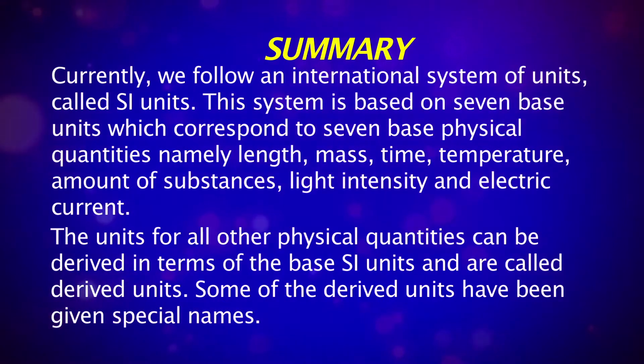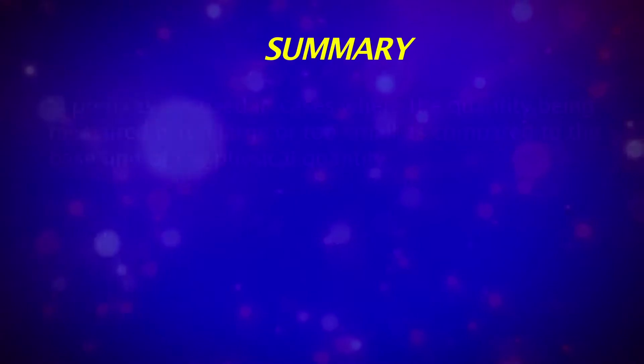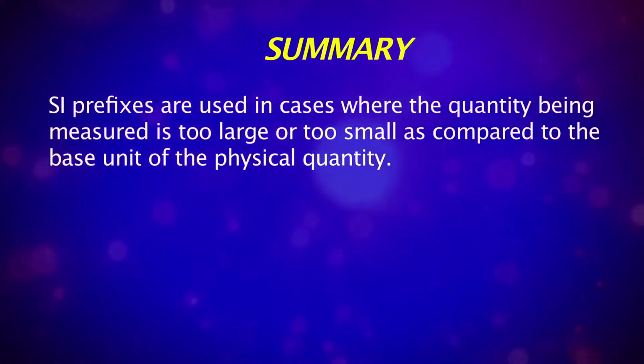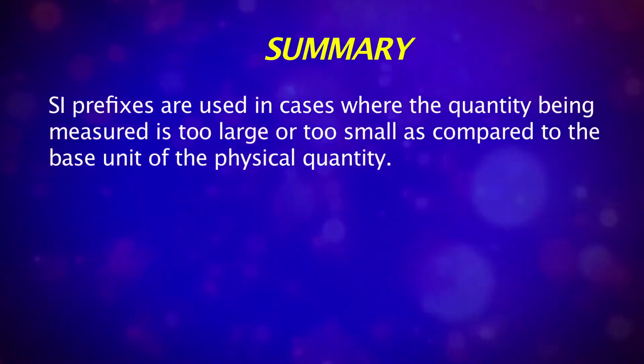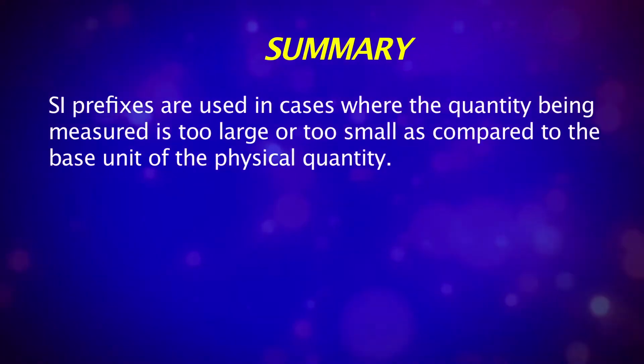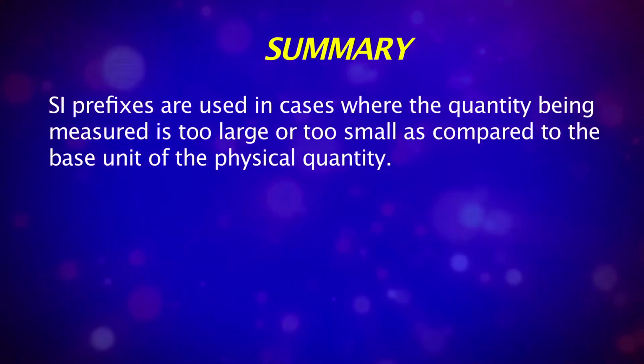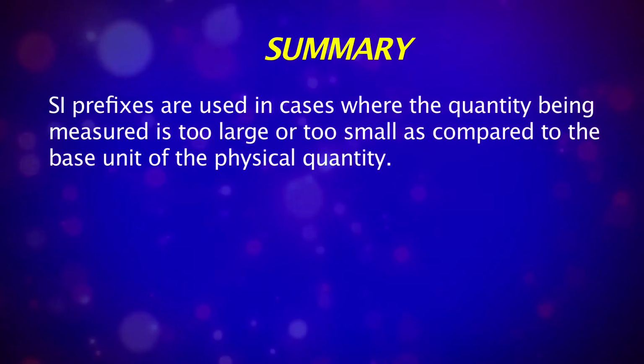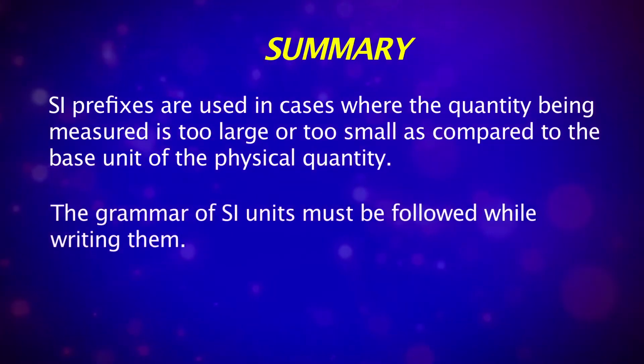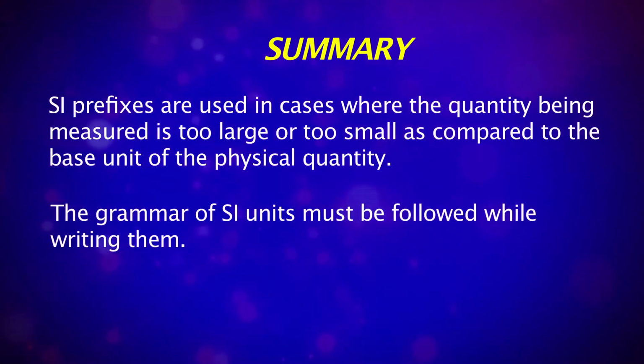Some of the derived units have been given special names. SI prefixes are used in cases where the quantity being measured is too large or too small as compared to the base unit of the physical quantity. The grammar of SI units must be followed while writing them.